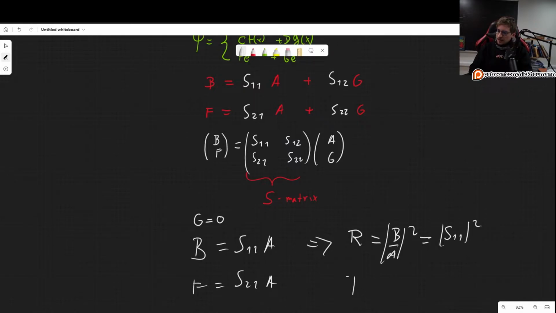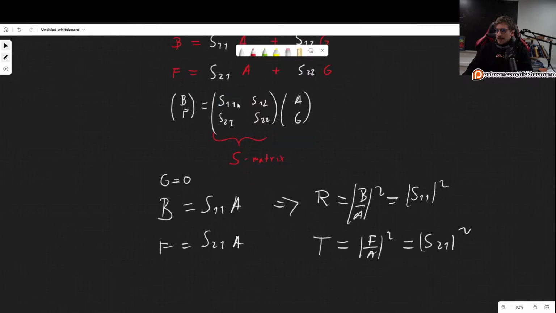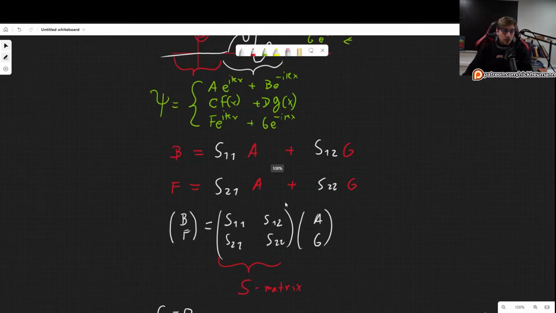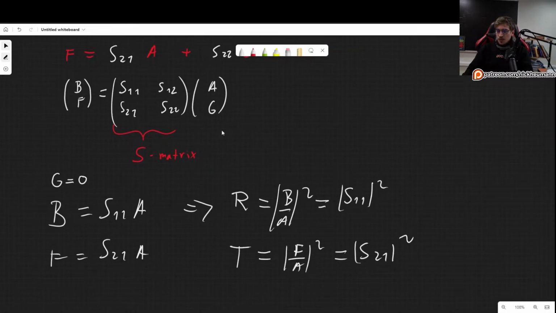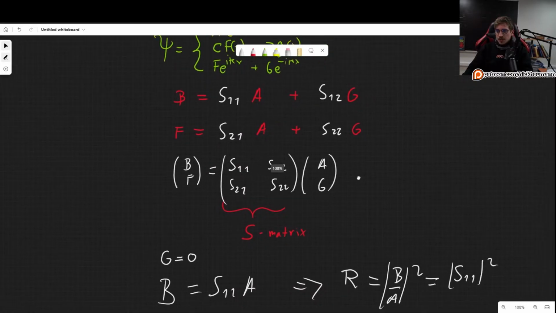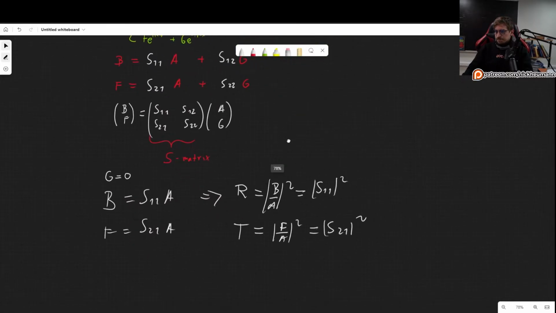And the transmission coefficient is F over A squared, which is, of course, S21 squared. So if we can write our system in this form, which we usually can, then just by forming this matrix, we already know the coefficients. So that is pretty useful.